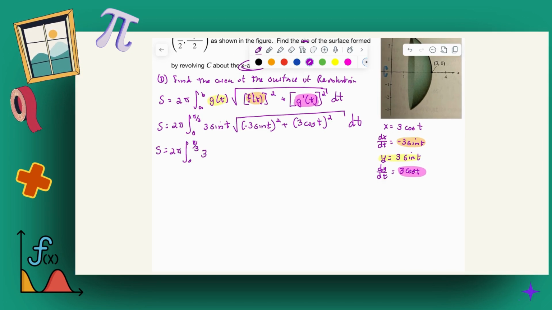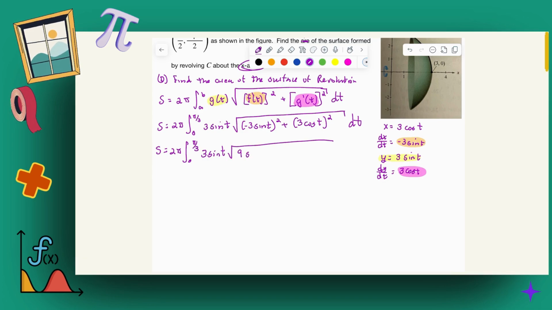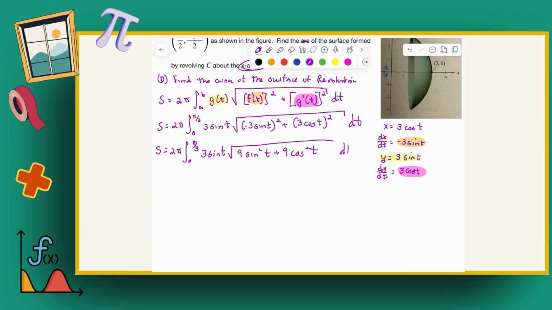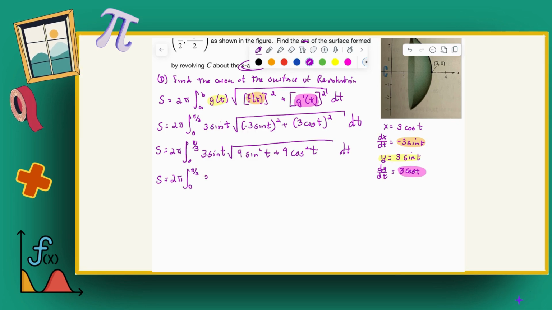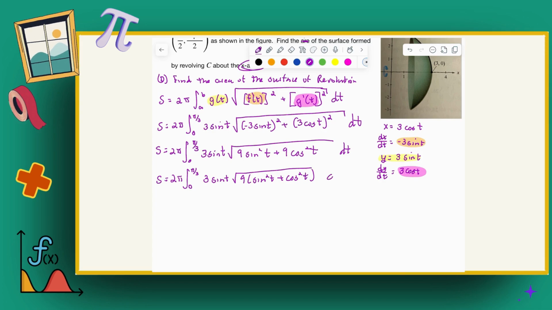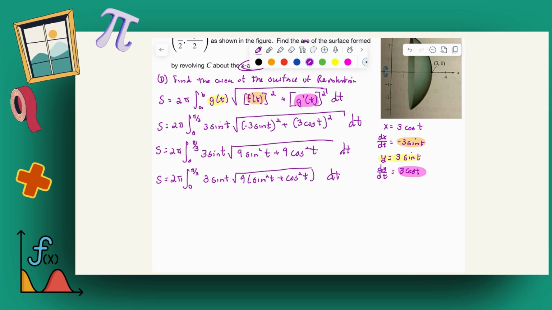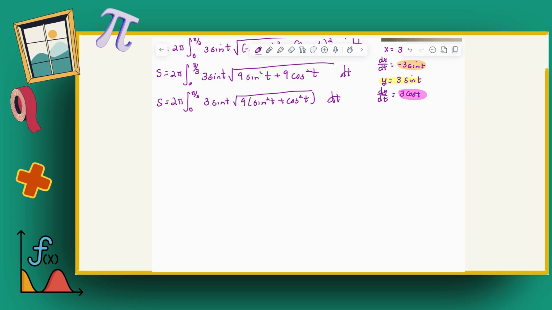Okay, again, we're going to start by simplifying underneath the radical so that we can evaluate this integral. Well, negative 3 sine t quantity squared is just going to be 9 sine squared t. And 3 cosine t quantity squared is equal to 9 cosine squared t. I can factor out the GCF of 9, and that leaves me underneath the radical 9 times sine squared t plus cosine squared t.